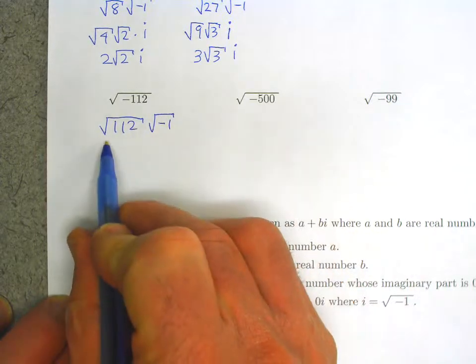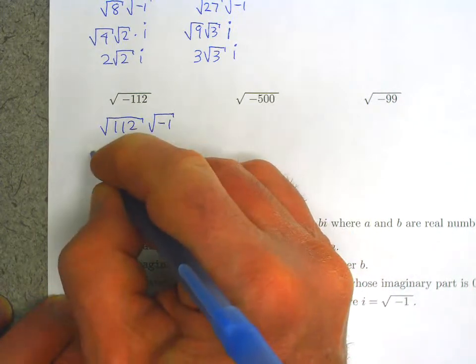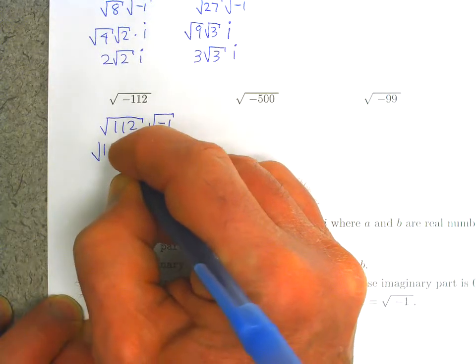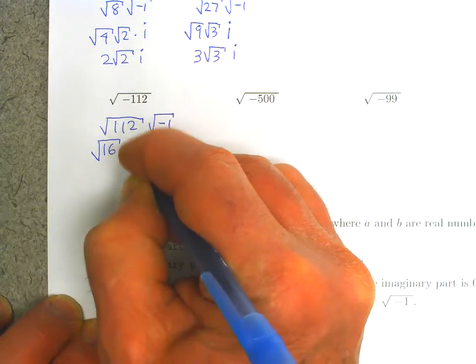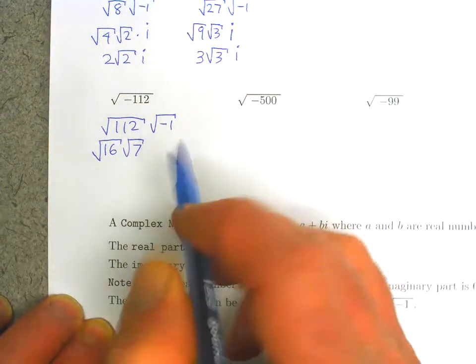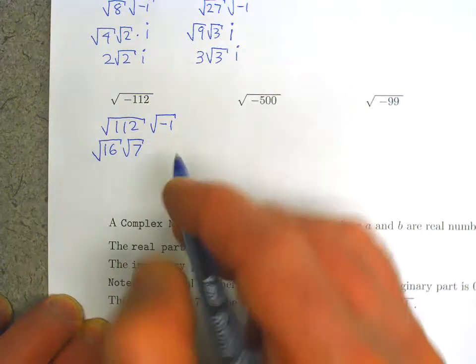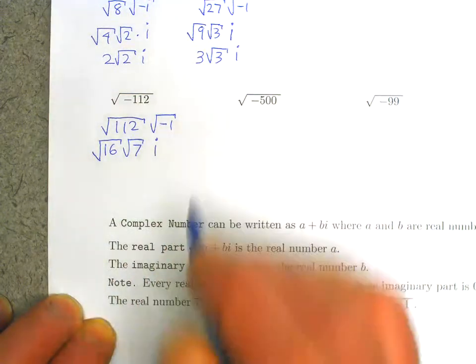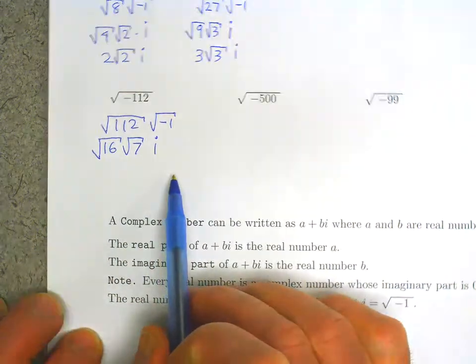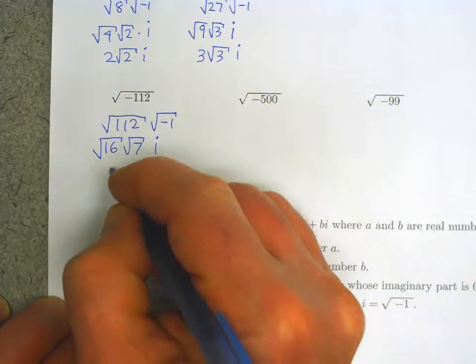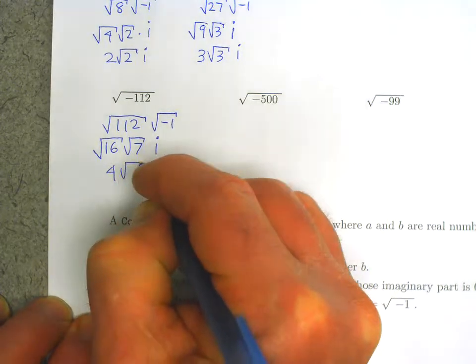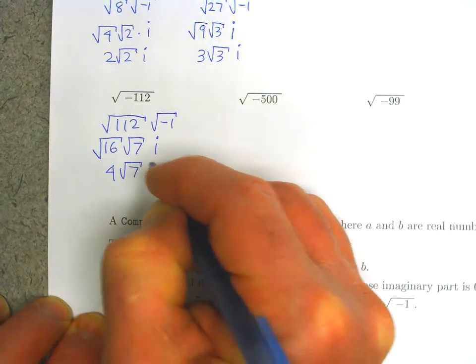So we will replace the square root of 112 with the square root of 16 times the square root of 7, and then replace the square root of negative 1 with i. And the square root of 16 is 4, so we get 4 times the square root of 7 times i.